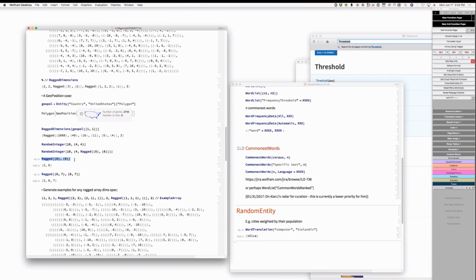Look, I don't object to this structure. I think the name ragged is weird. Yeah. I'm still thinking here. What is this? It's like a dimensions list or something.